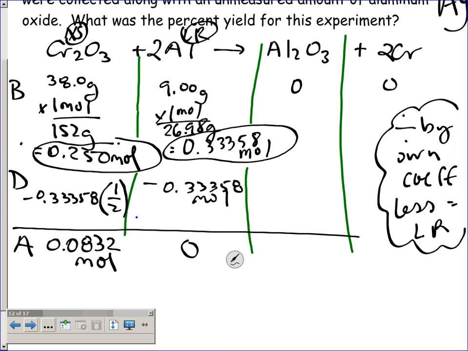I'm confused on where you got that. I got twice that. Did you put the parentheses? Instead of dividing by half, I put 0.5 moles. Like I multiply the moles by 2 instead of dividing them. No, so it's PEMDAS, right?